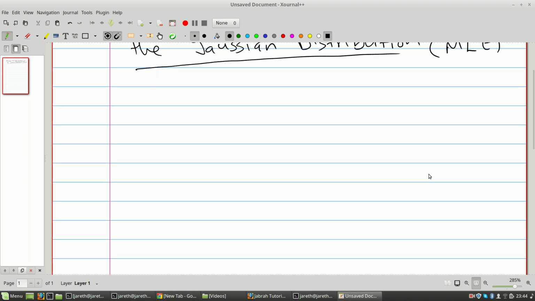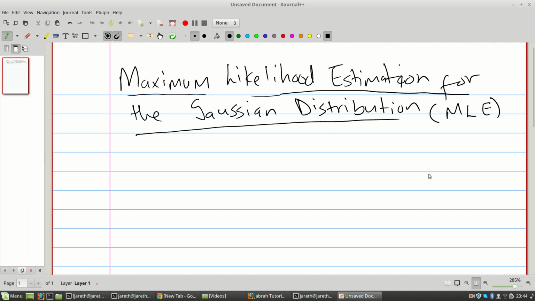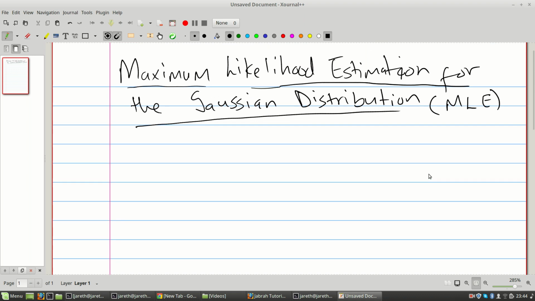So let's actually get started with this. Imagine that we are given a data set that I will denote by X. I'm denoting it by a special kind of X here, which is bold, so to speak. And this X comprises x1, x2, all the way up to xn.